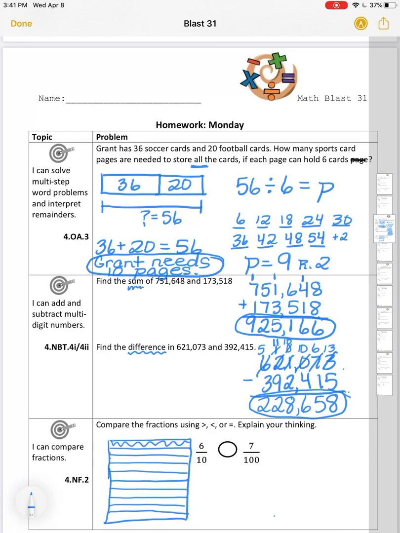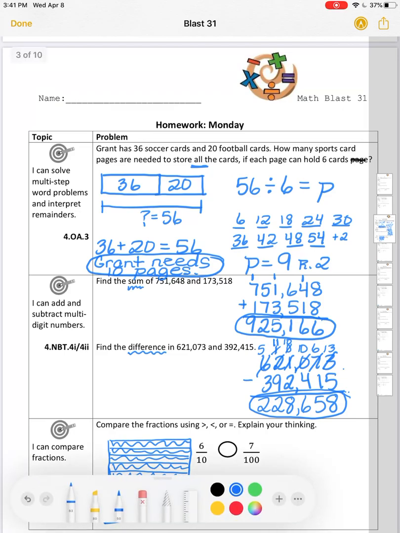And I want to shade in 6 of those 10 rows. So now I see I have 6 tenths represented in my model.